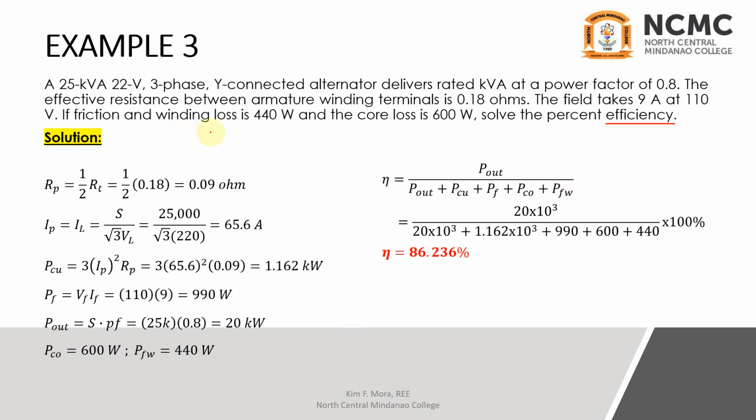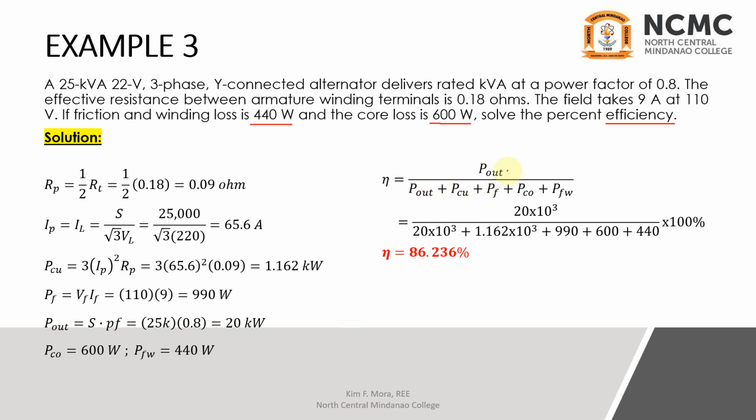So since ang ato ang friction and winding loss kay given naman, and atong core losses, so atong isolve na lang is the copper loss nato, no, ang ato adeng pong field winding losses, no.